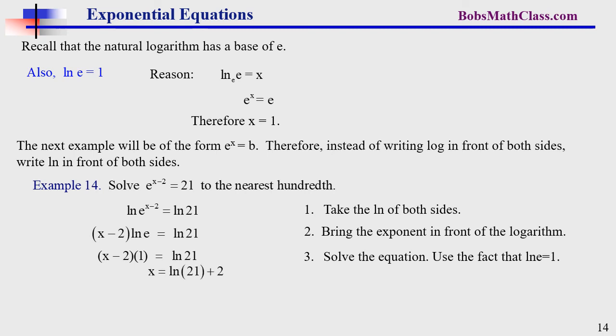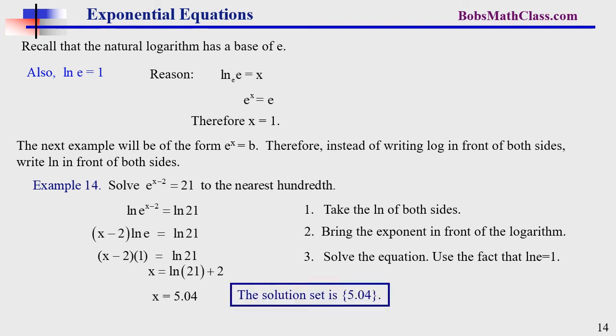So now we add 2 to both sides, and then you can type it into your handy dandy calculator. I put the parentheses there to show that probably your calculator is going to open up parentheses. You have to make sure that you always close it. So type in ln of 21 plus 2, and you should get 5.04.